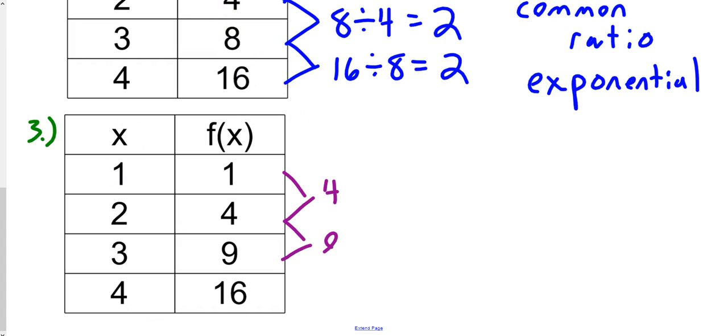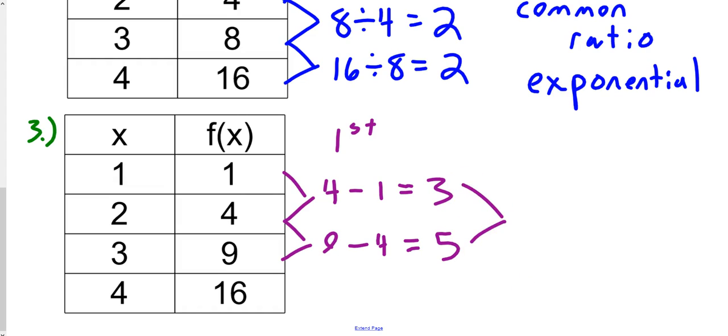And if you check first differences, well, I get 3 here, and in here I get 5. Notice those don't match up. But if you continue and do what we call a second difference, quadratics, if you have a function that is a quadratic, if you take the second difference, you will see that they have a common second difference.